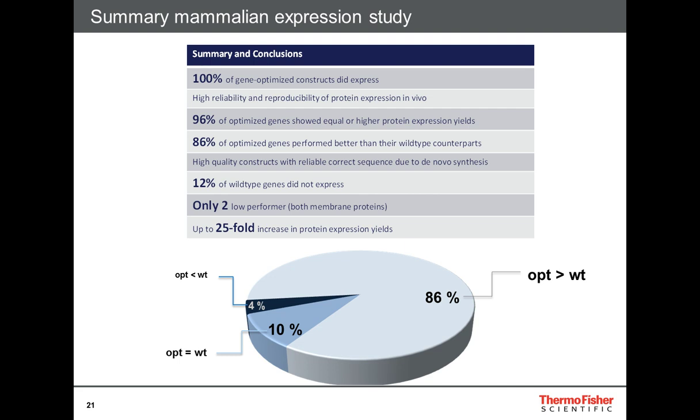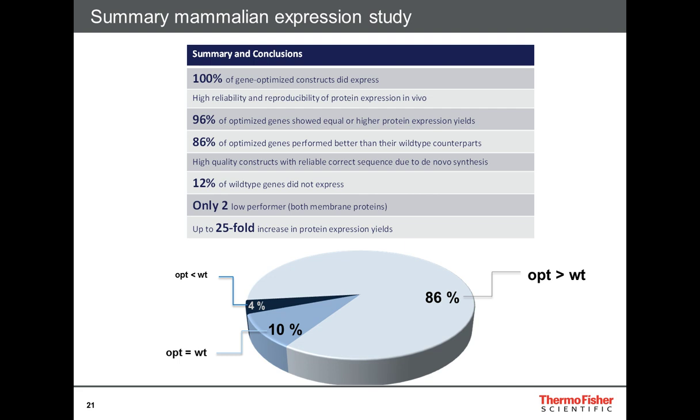And overall, for these 50 proteins, in 96% of the cases we got an equal or a higher protein expression. Actually, in 86%, the optimized version gave a significantly higher expression than the wild type. In 10%, it was equal, and only in 2 cases, so 4%, the optimized gene expressed less than the wild type.